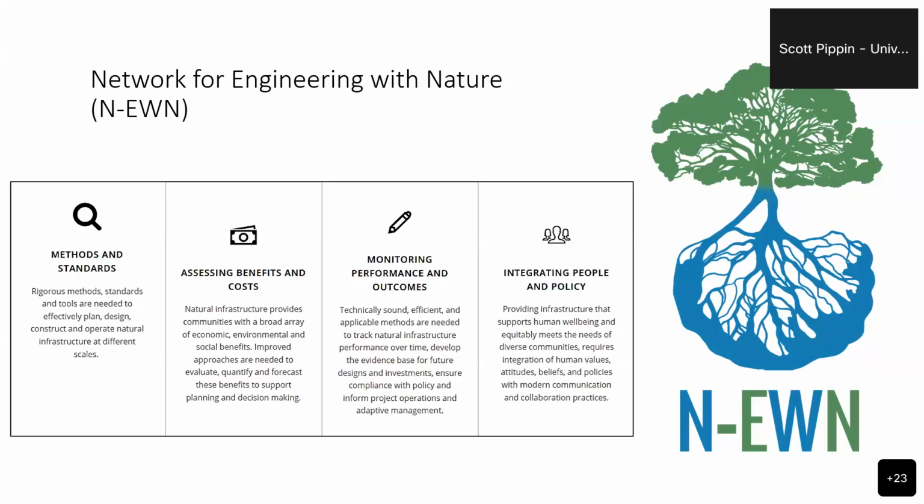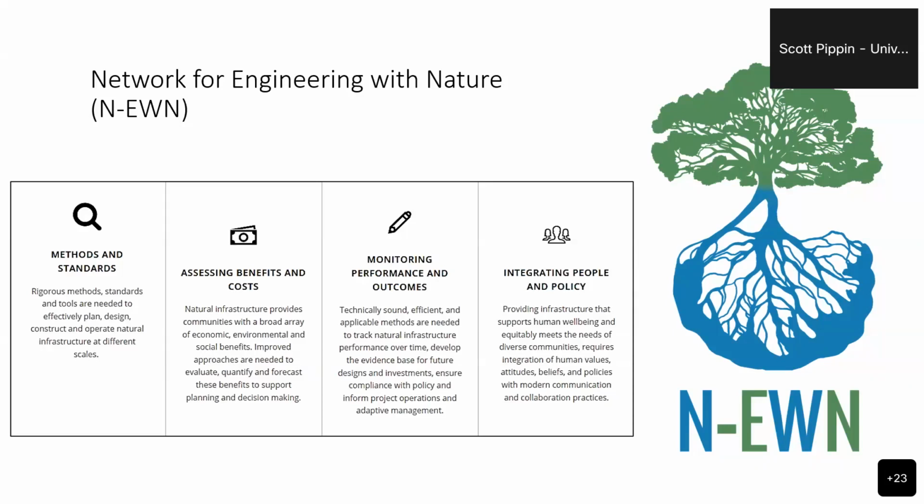And related to that then is understanding how they're going to perform over time, really investing in the performance monitoring of these systems so that we can better understand how that affects the benefits and costs. And then there's the integration of people and policy. Understanding how there are barriers in our procedures and in our laws and policies that sometimes make it more challenging to do these innovative and new infrastructure development systems, and then identifying those and trying to work on solutions to address those, but also trying to align them with the actual social needs and preferences and desires of the affected communities.